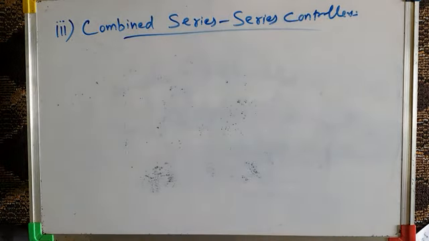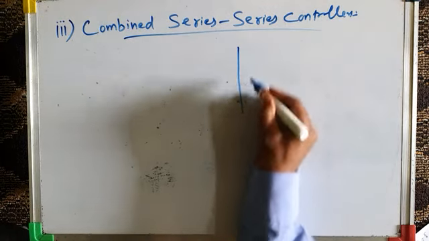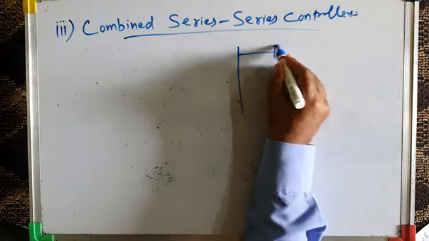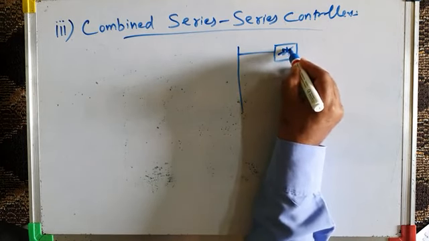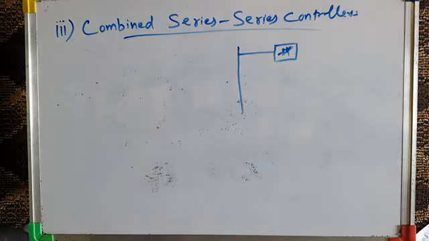Now these combined series controllers may consist of two separate series controllers or a unified controller, as shown like this. I mean, we may have two series controllers. One controller is like this. This is the symbol of IGBT, symbol of GTO.